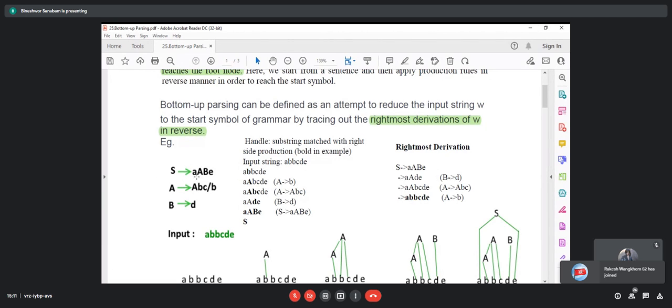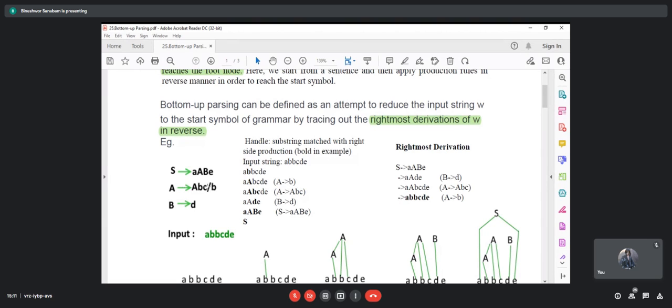Considering this input string, we have to check whether the first symbol a can be derived from anything, that is, whether there is any production that gives only a on the right hand side. There is none, so we leave it. Then next is b. If we consider b, we have the production A implies b.